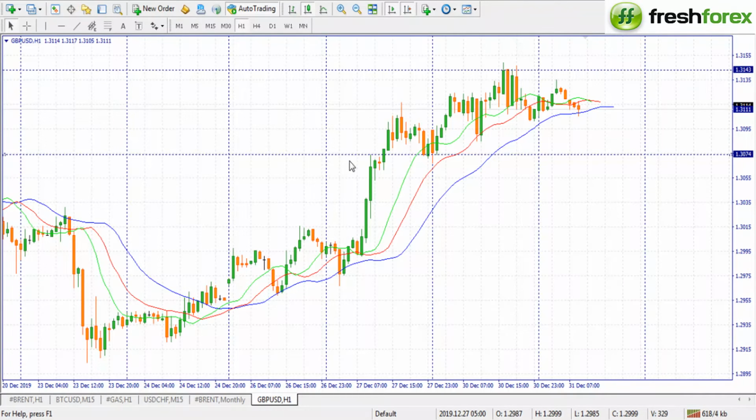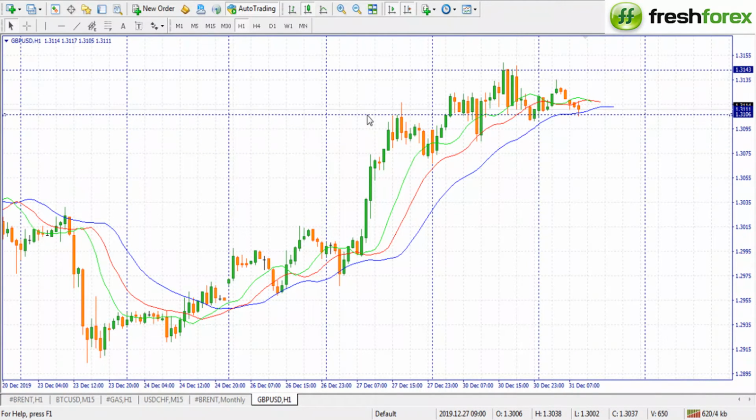There's just another level here which looks interesting. This one here, we have this point. This is a very good level where I'm drawing my line. And then you also have this at the top.